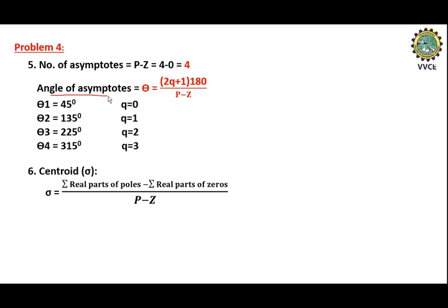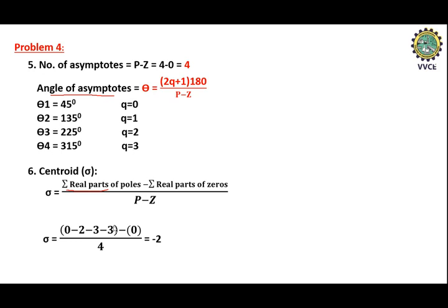The starting point should be the intersection point of the asymptotes, that is the centroid, which you need to find out. In the first case, the summation of the real parts of the poles. 4 poles were there. The first one is 0, the second one is minus 2, the third one is minus 3 plus 4j. In minus 3 plus 4j, minus 3 is the real part. You need to consider only the real part of the pole. You should not consider 4j because that is the imaginary part.